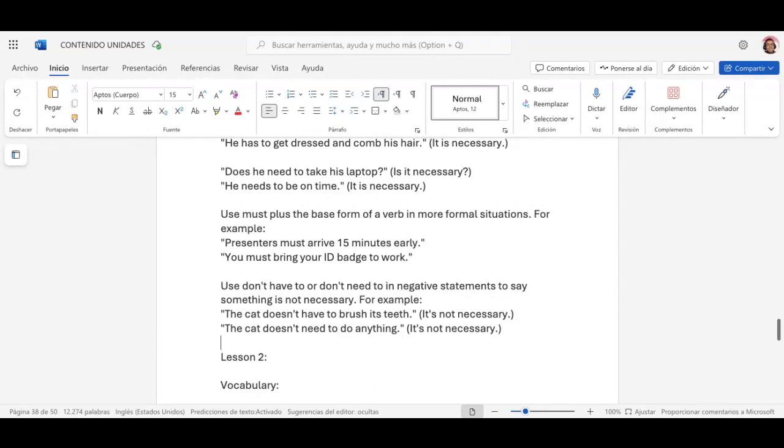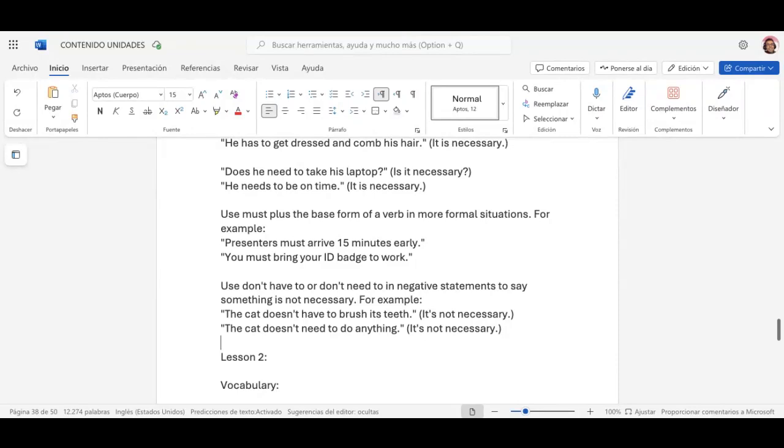But you also work with don't have to do something and with mustn't do something. Do you remember what that is about? The contrast or the difference between mustn't and doesn't have to or don't have to? I think it's the same but in negative, but I don't remember well. Well, in this case, I think the most important issue to remember is with mustn't, because it has a stronger meaning than have to.